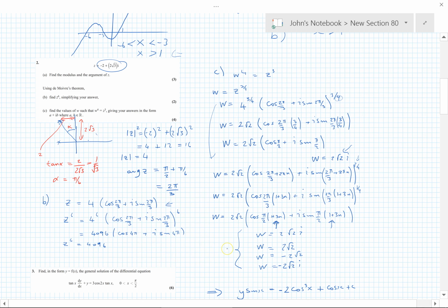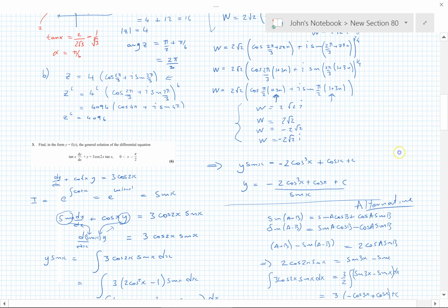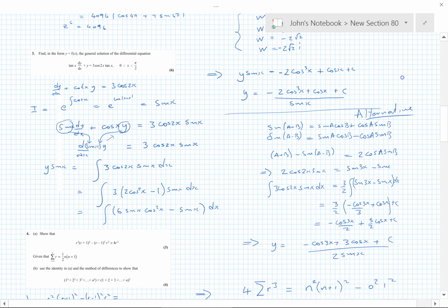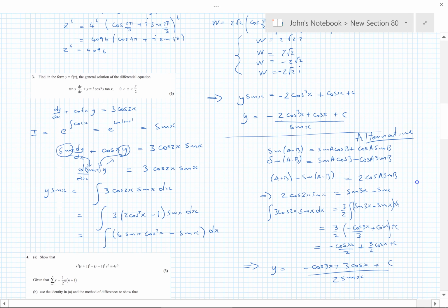But whenever you've got a fraction, whatever the denominator is, we've got quite a number of solutions. I seem to remember making a bit of a meal of that, never mind, got there. Question 3, standard integrating factor question. There were 2 possible integrations, I think, but it was pretty standard.